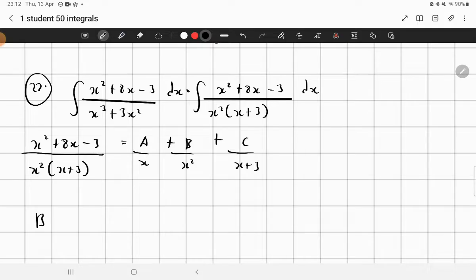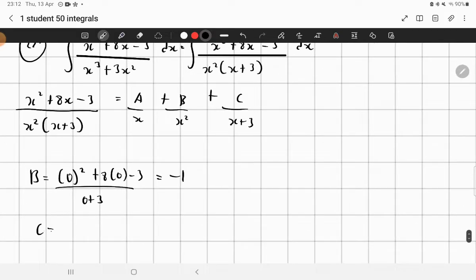To find b, x cannot be 0, so substitute 0 for all the terms besides x squared. This will be -1. And for c, x cannot be -3, so -3 squared plus 8 times -3 minus 3 over -3 squared. Let me use my calculator.